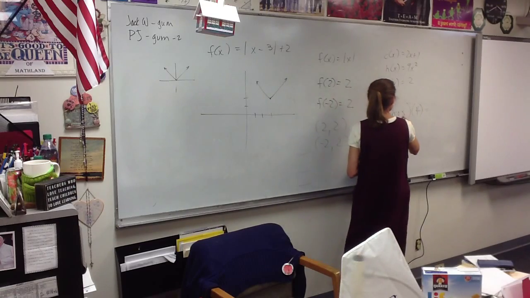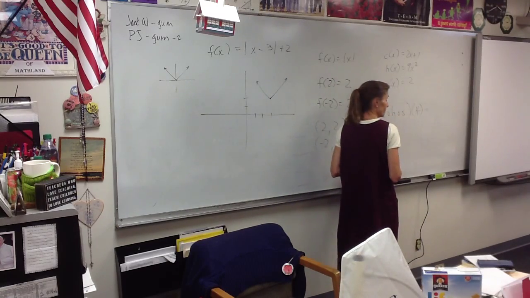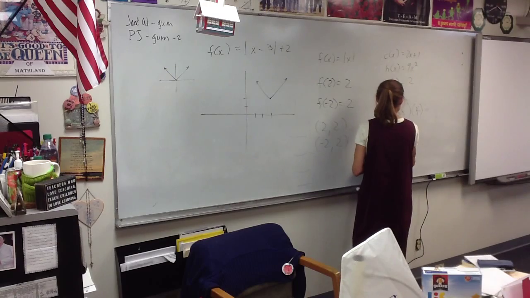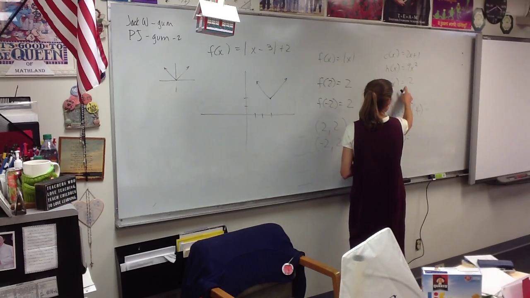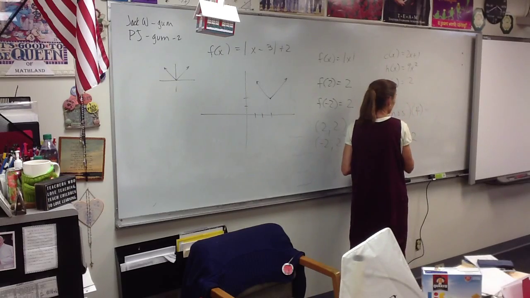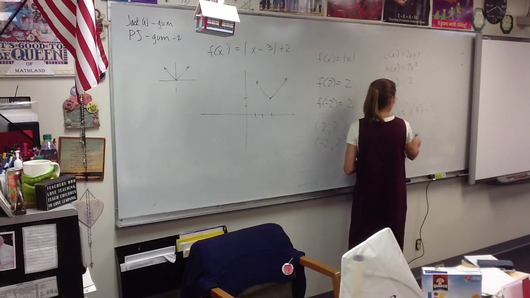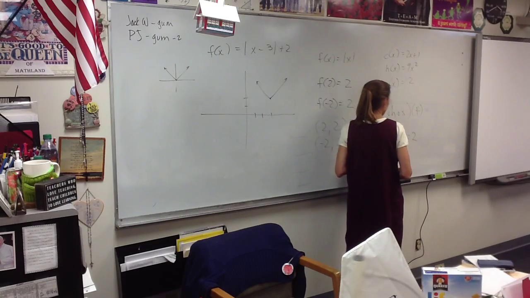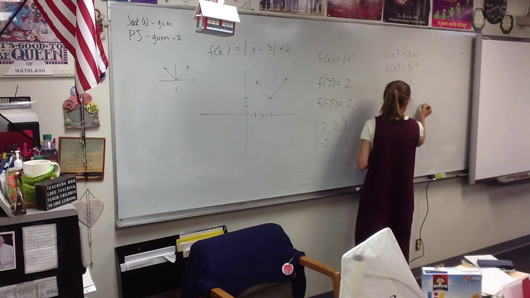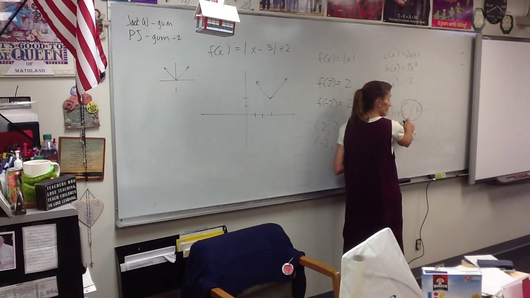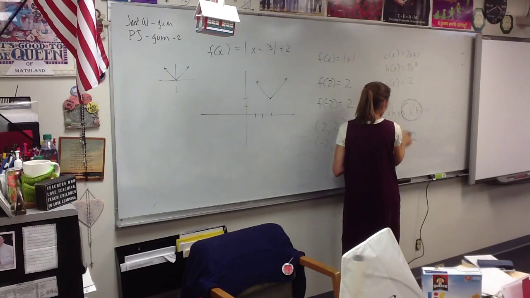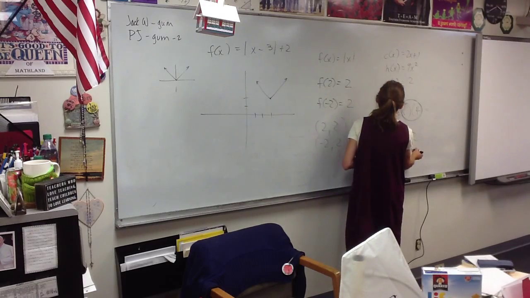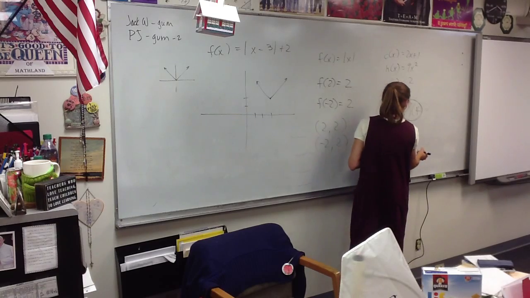S. So we're going to put 4 into S. So what's S of 4? 2. What's S of anything? 2. It's a constant function. We just get 2. So when I plug 4 into S, I get 2. Now what am I going to do? So this right here is 2. So now what am I going to do with that 2? Put that into H. And I will get 36.